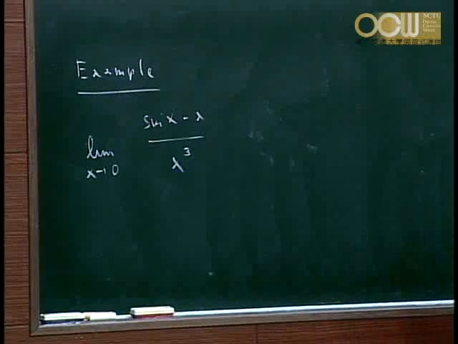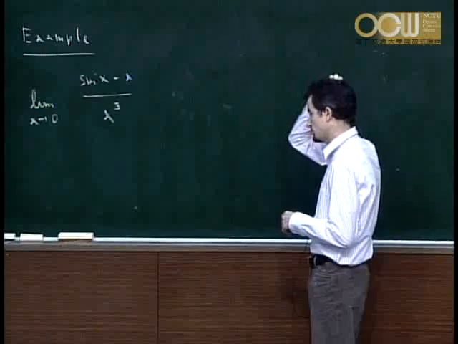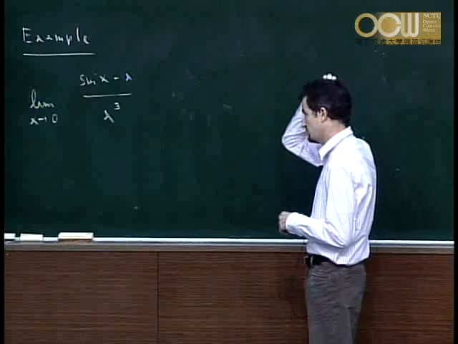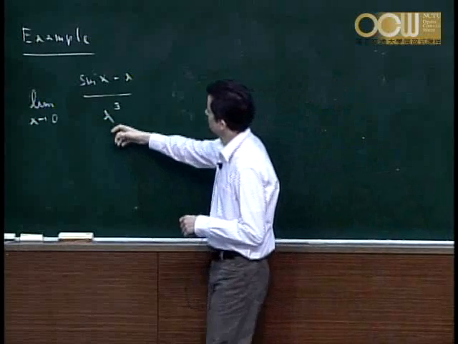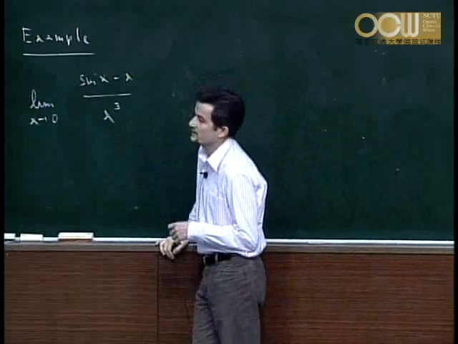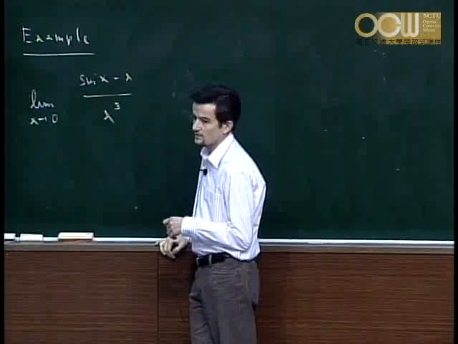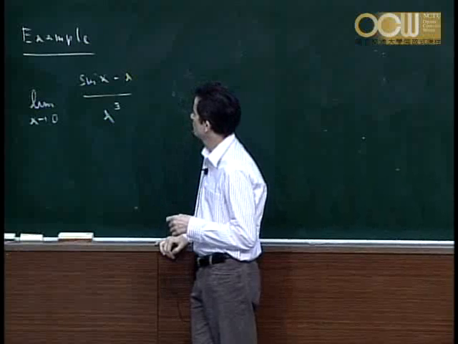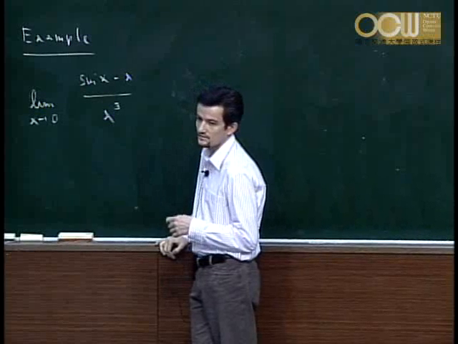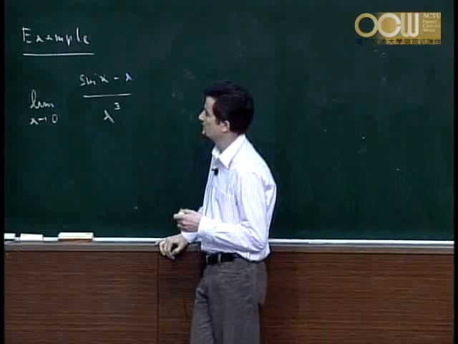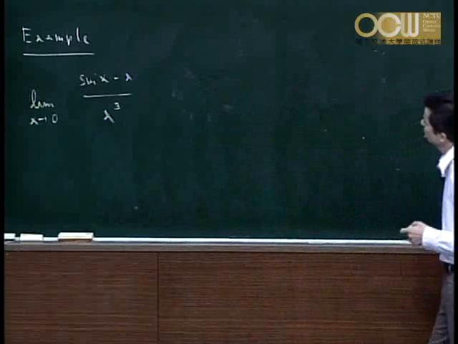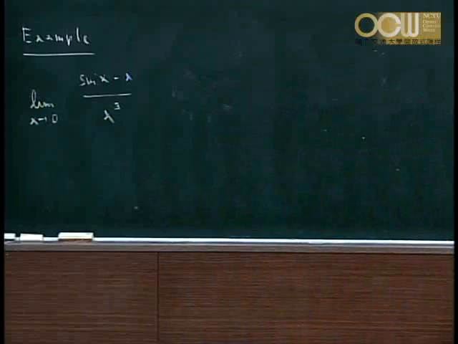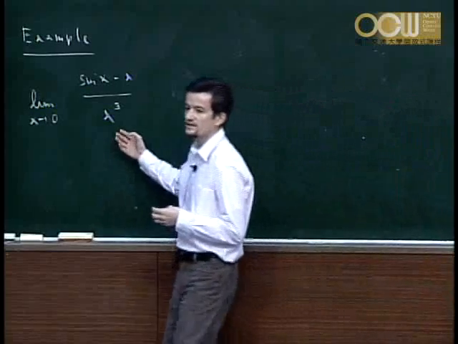And you see, if you use L'Hopital, you actually have to use it 3 times, because then the denominator will become 3 factorial, and for the numerator you will get 1, or minus 1. You see that like this you can get the answer.